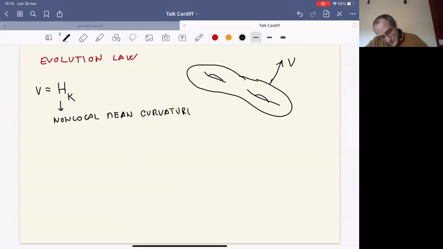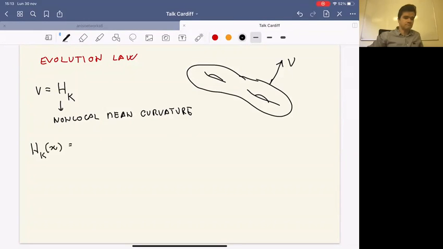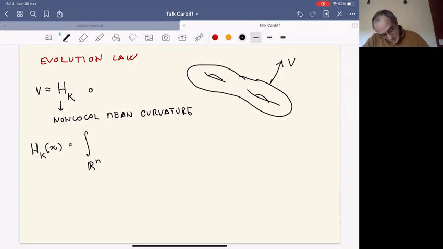So that's the equation. This is defined through an integral, and it's H_K of x is the integral in Rn. Sigma is my evolving set, a subset of Rn.